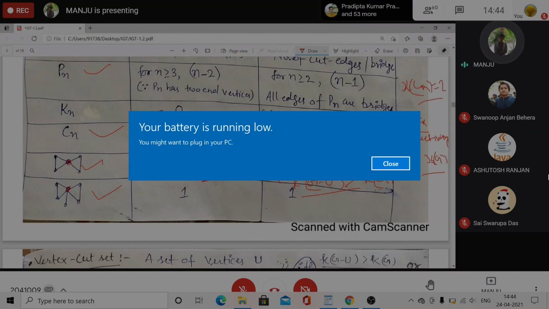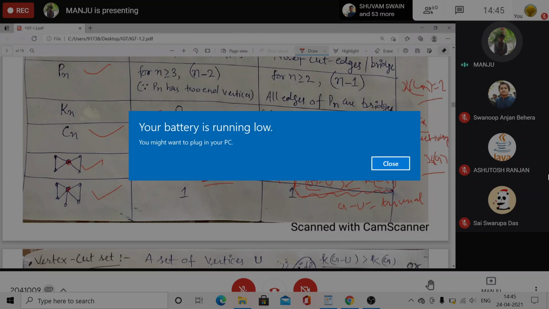Third vertex, nothing. So we can rewrite this statement. The minimum U is such that either the number of components of G minus U is strictly greater than that of G, or G minus U becomes a trivial graph, one vertex. Either you get one vertex or the number of components increases.